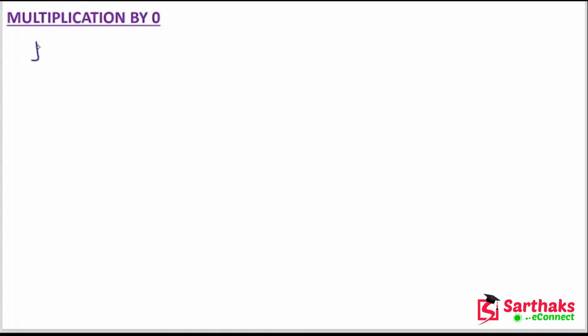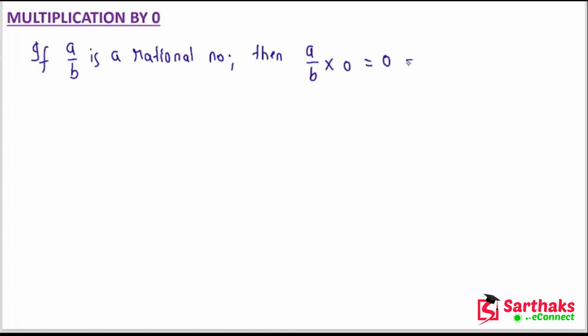That if a upon b is a rational number, then a upon b cross 0 is equal to 0, which is equal to 0 cross a upon b, because multiplication of rational numbers is commutative, right? So you can clearly see that if you multiply 0 with any rational number, you will always get 0. So this was multiplication of a rational number by 0.